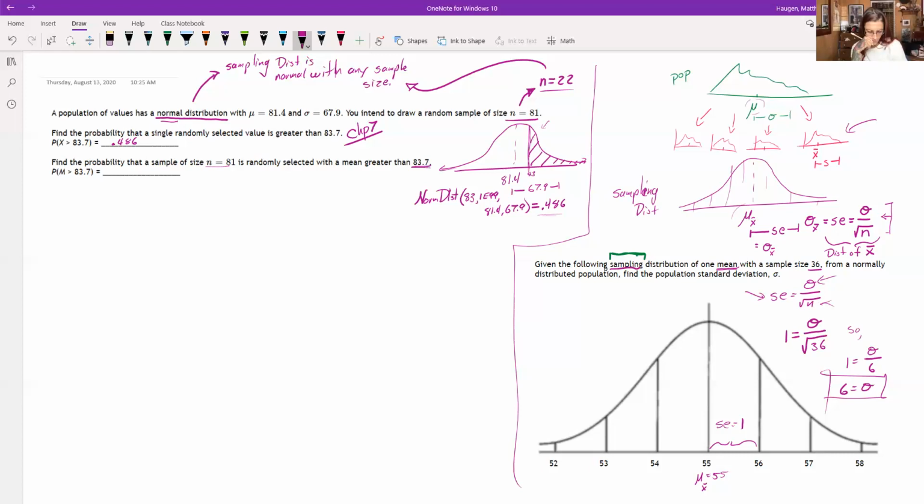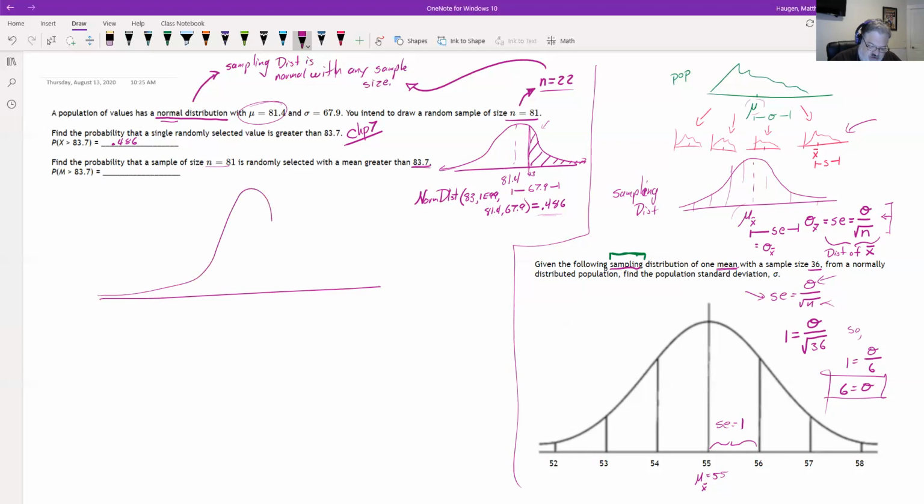So the difference here is, what's the probability of grabbing a single value of 83 or more versus what's the probability of getting a big sample whose average is 83.7. Now, you know that your average should be close to the population's average, right? So it's still a normally distributed sample.